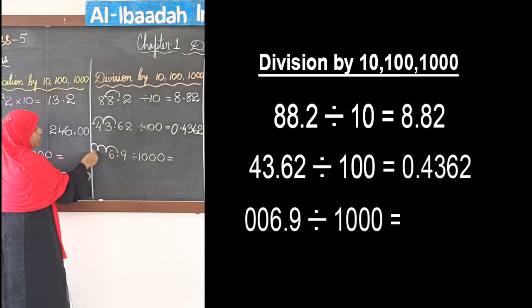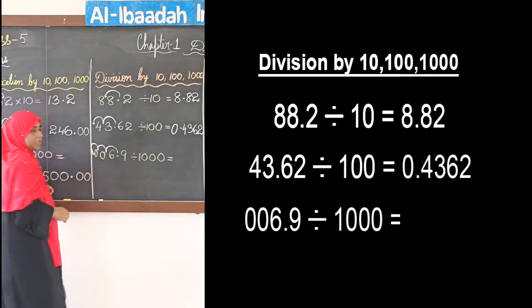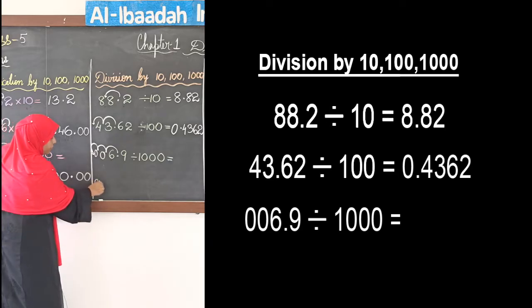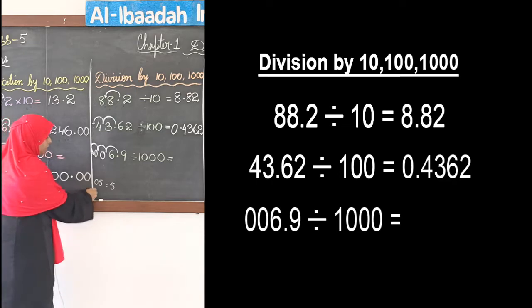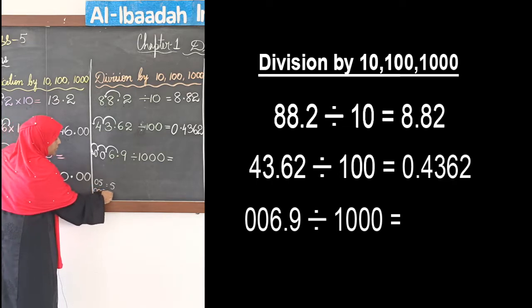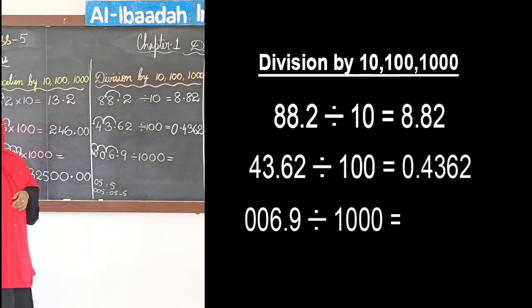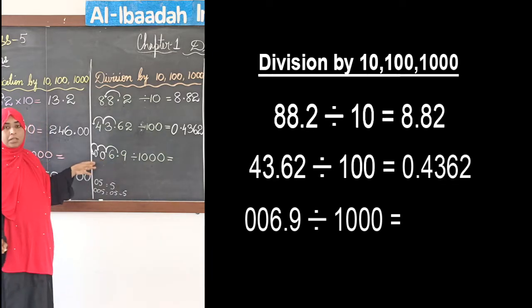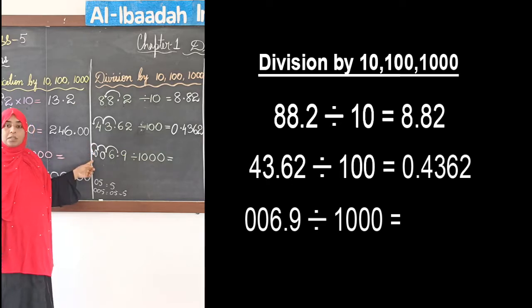When we do not have any digits, we can simply add zeros. You see 0.5 or .5, both are same, right? Or if I write 00.5, 0.5 or .5, all three give you the same value. So, when we add zeros here, the value will not change. So, I have added 2 zeros and have shifted the point 3 places towards the left.